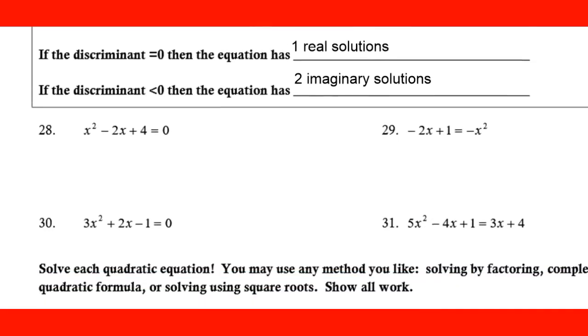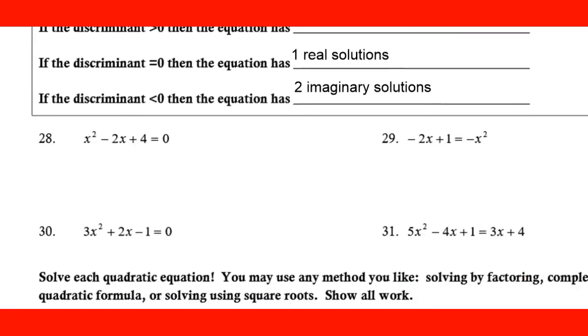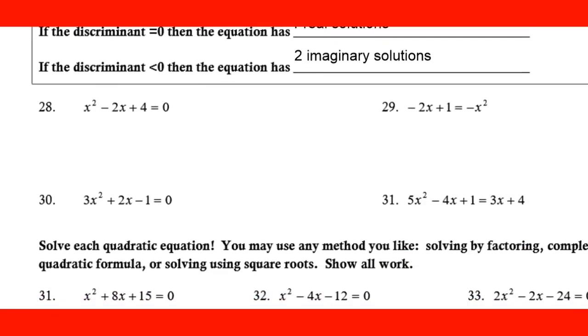All right. Now we're looking at 28. For 28, we're going to find the discriminant. Remember, when you use the discriminant, you use this equation right here: b squared minus 4ac. So a is 1, b equals -2, c equals 4.